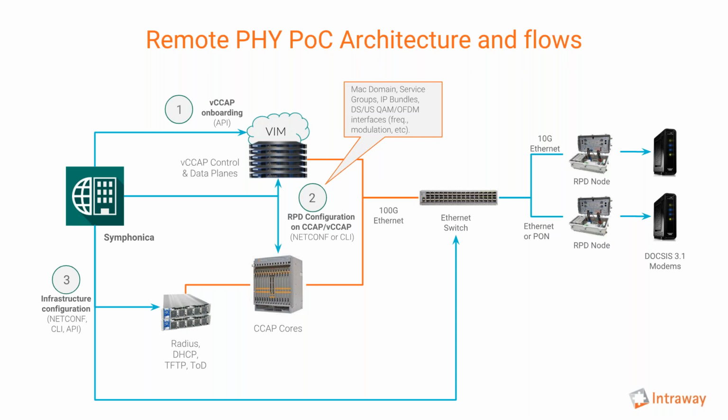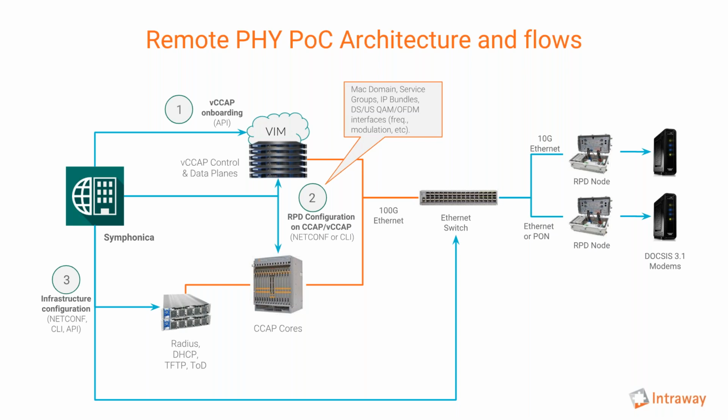Following the onboarding, in step 2, we execute the initial configuration of the virtual CCAP using NETCONF. This initial configuration was previously set up in Symphonica through a BPM flow. The orchestration engine provides the automation of the virtual CCAP fulfillment process that will execute the following configuration steps: the IP bundle setup, the RPD configuration.